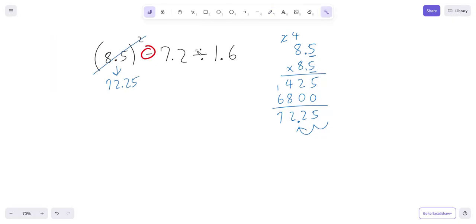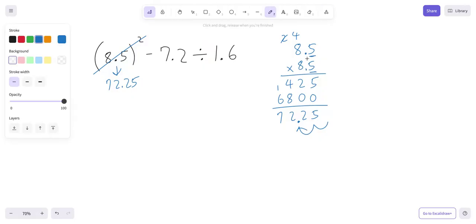Next up, we have subtraction and division. So orders of operations, we have to divide next. So we do 7.2 is the dividend, and 1.6 is the divisor. The divisor has 1 decimal point, so I need to multiply by 10, or move the decimal once to the right, which means I do the same thing on the dividend as well, and put the decimal on top. Okay, 16 goes into 72.